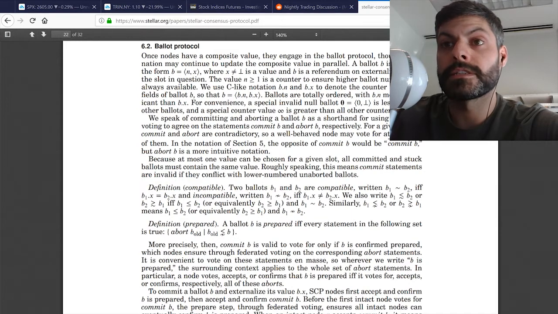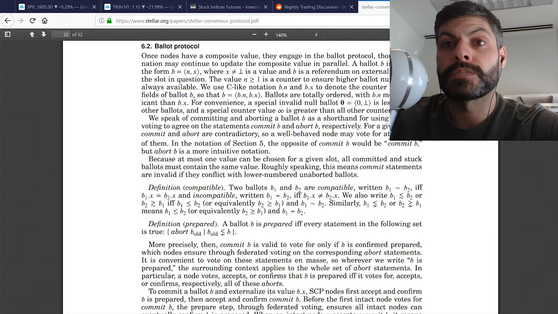Similarly, B1 is less than and incompatible with B2, or B2 is greater than and incompatible with B1, means B1 is less than or equal to B2, or equivalently, B2 is greater than or equal to B1, and B1 is not compatible with B2. Definition: prepared.